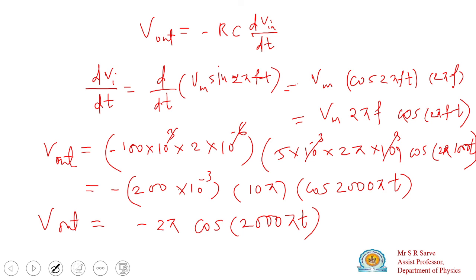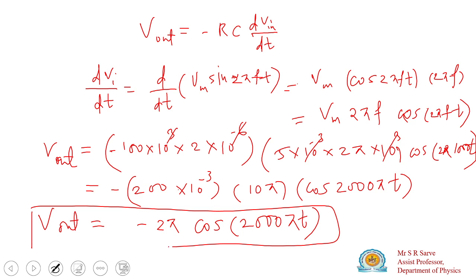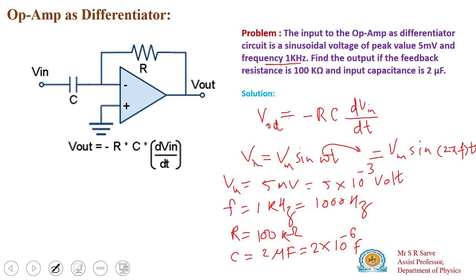If anything is missing, everything is right. Vm, 2 pi, 10 to the power 3, minus 3, 5 into 2. Okay. So this is your output voltage which is obtained. This is the output obtained for the operational amplifier as a differentiator.